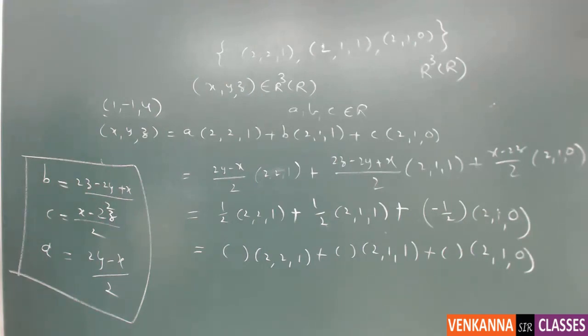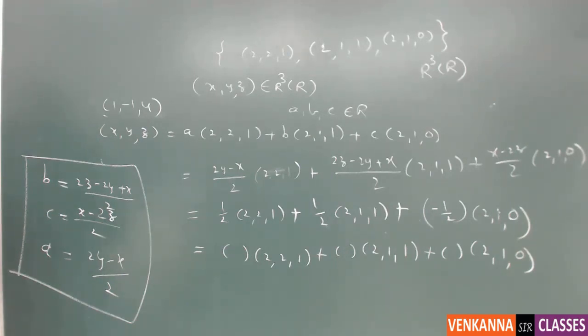I think now you understood the meaning of spanning set. The set of vectors will be given in the exam to you. The question is that he will give a set of vectors and ask you to check whether it is a basis or not. So you are checking for two conditions. First we go with the linear independence. Second we go with the linear span.